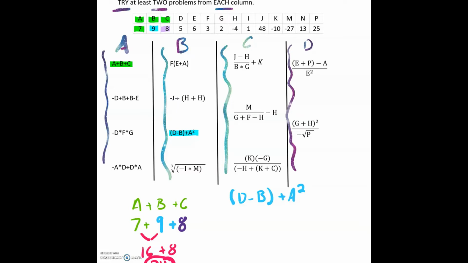There's not a lot of room, and I want to give myself as much space as I can to write my problems. Okay? So don't hesitate to use other space. You don't have to write up inside of the work. Okay, so D is 5. So I'm going to rewrite my parentheses. 5 minus, and B is, oh, look, B is 9. Plus A, which is 7, and then squared.